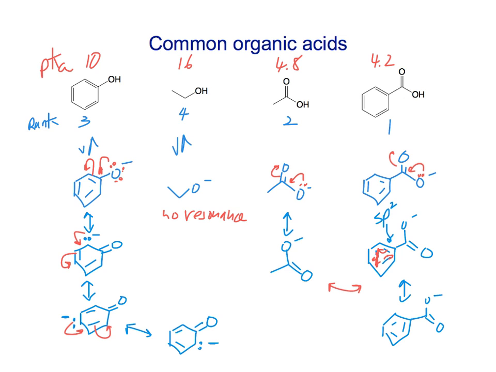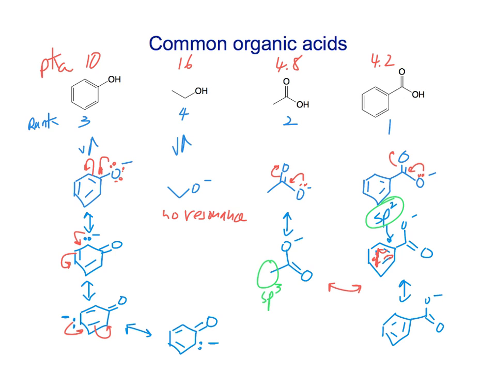Remember, by increasing the amount of s character in the orbitals, that leads to that carbon becoming more electronegative. So an sp2 hybridized carbon is more electronegative than an sp3. And so over here, we have sp3 next to the carboxylate, and over here, we have sp2.